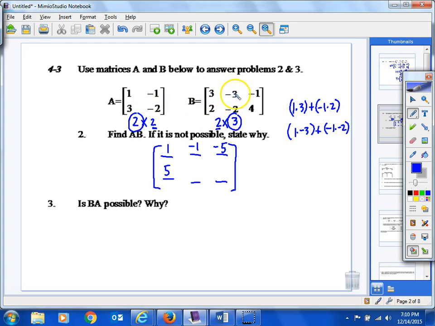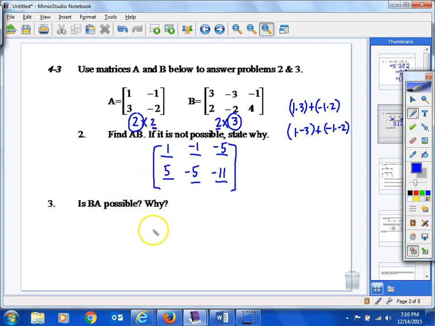So -9 plus 4 is -5. And then finally 3 times -1, that's -3, plus -2 times 4, which is -8. So -3 plus -8 is -11. So that's the product AB.